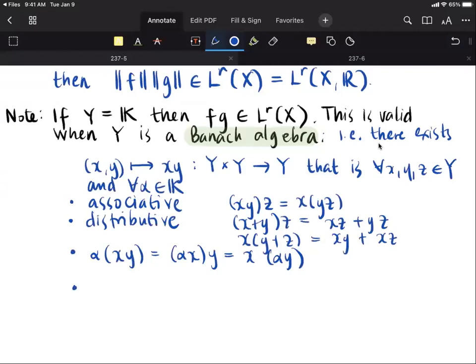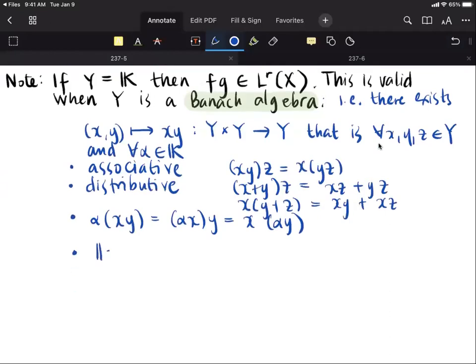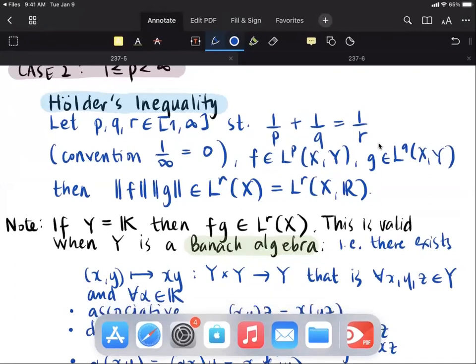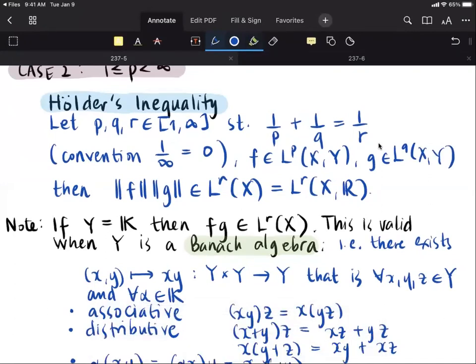And finally, the norm of the product is less than or equal to the product of the norms. Okay, so this note is also valid even in the case where Y is a Banach algebra, so that you have a notion of vector multiplication.